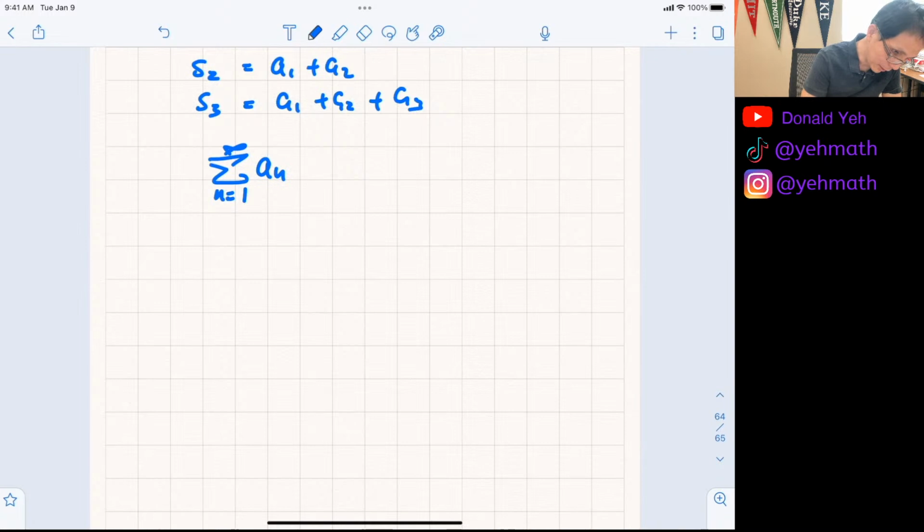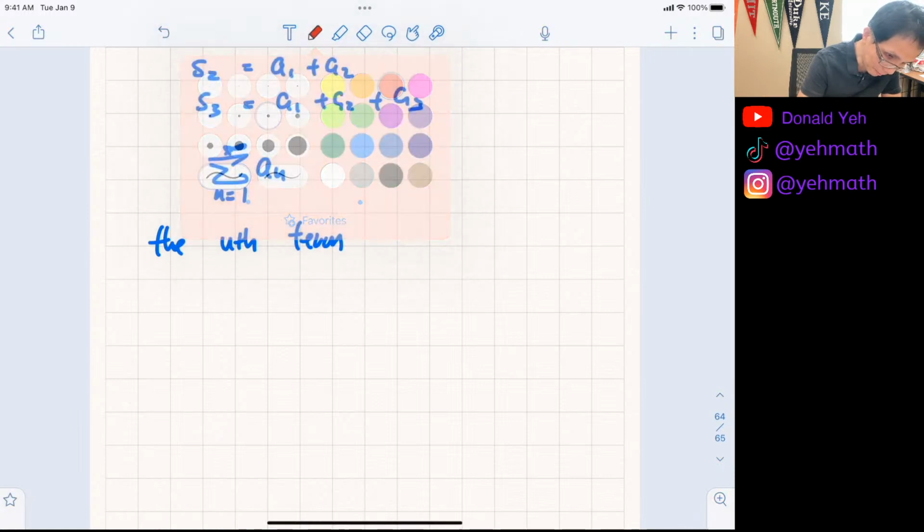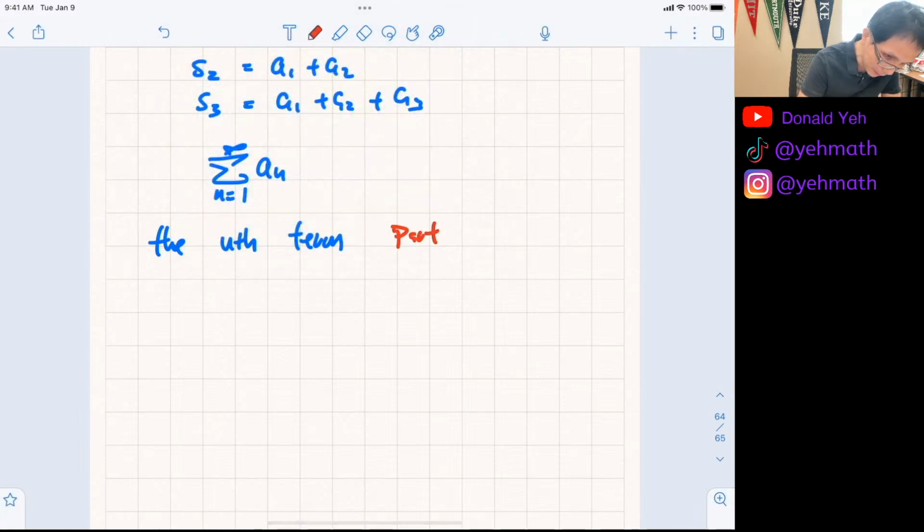So the nth term partial sum. We got a new word, the nth term partial sum.